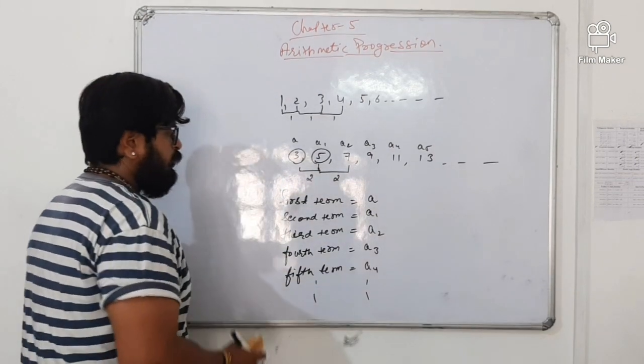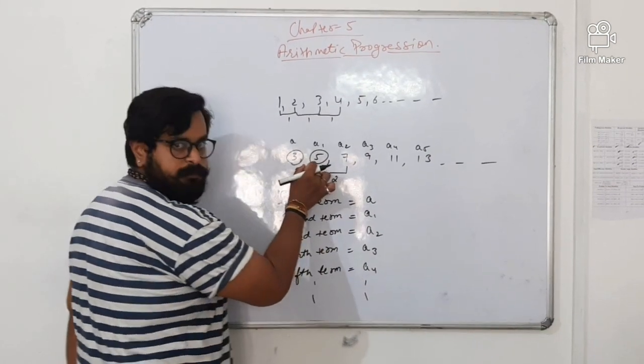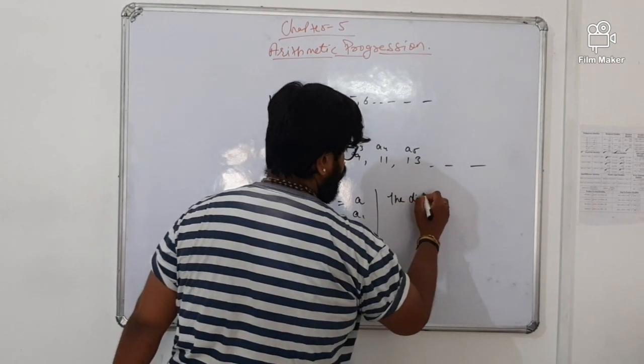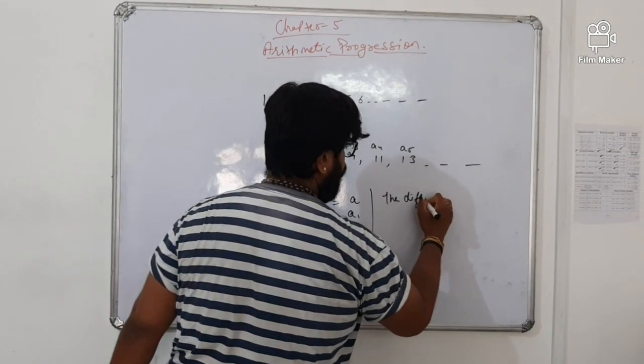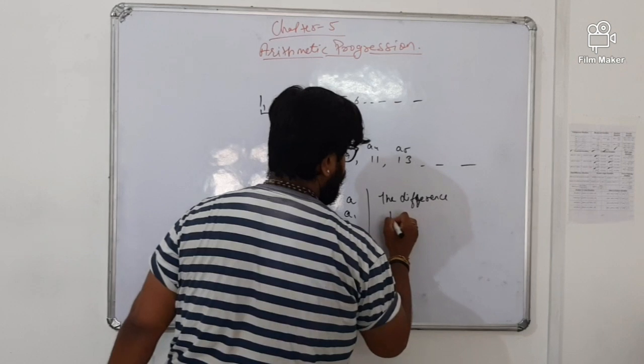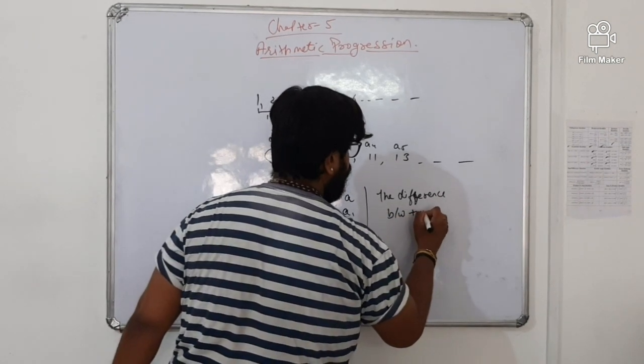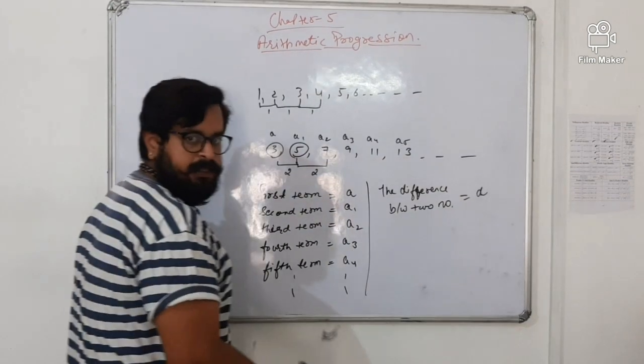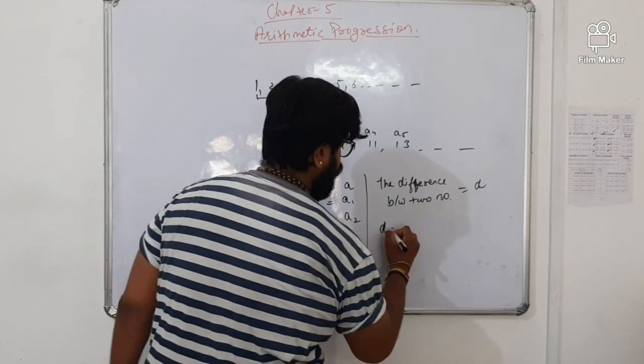Now the difference between two numbers is represented by D. D means common difference.